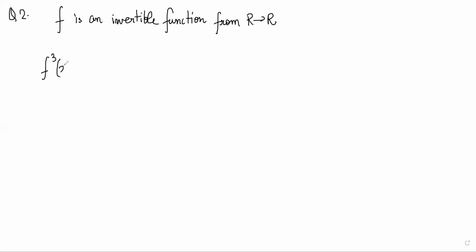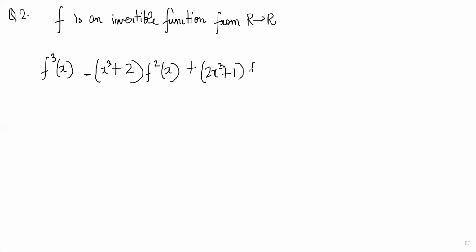F is an invertible function from R to R, which satisfies the equation f cube x minus x cube plus 2 f square x plus 2x cube plus 1 f of x minus x cube is equal to 0.